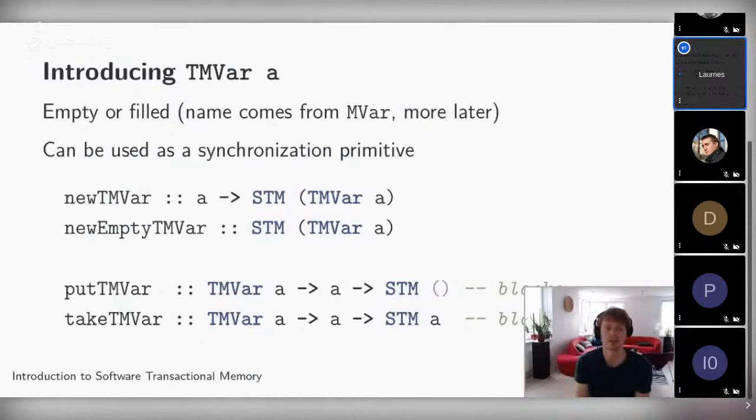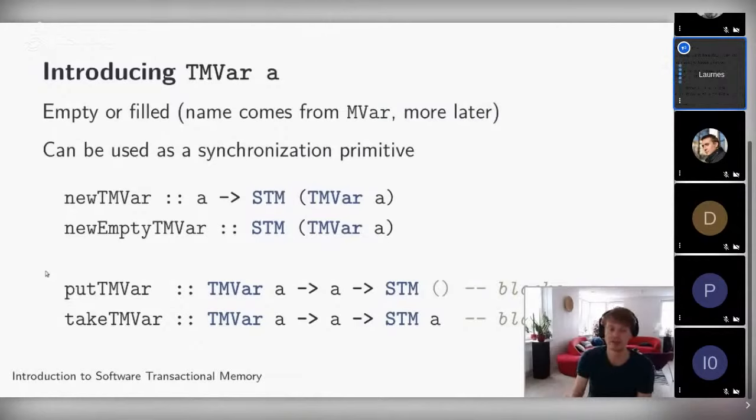If it's empty, you can put something in the TMVar with the putTMVar function. This will block, or it will retry, STM retry, until it's able to put something in the TMVar.